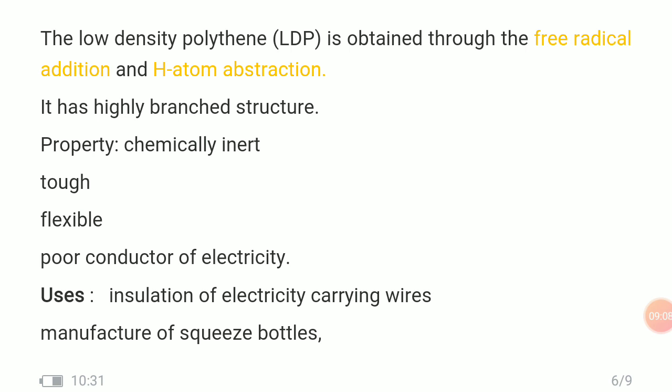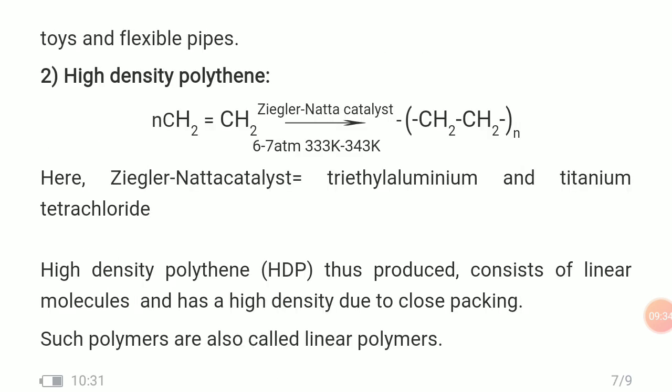The properties of LDPE are that it is chemically inert, tough but flexible, and a poor conductor of electricity. That is why it is used as insulation for electricity carrying wires, and in the manufacture of squeeze bottles, toys and flexible pipes.